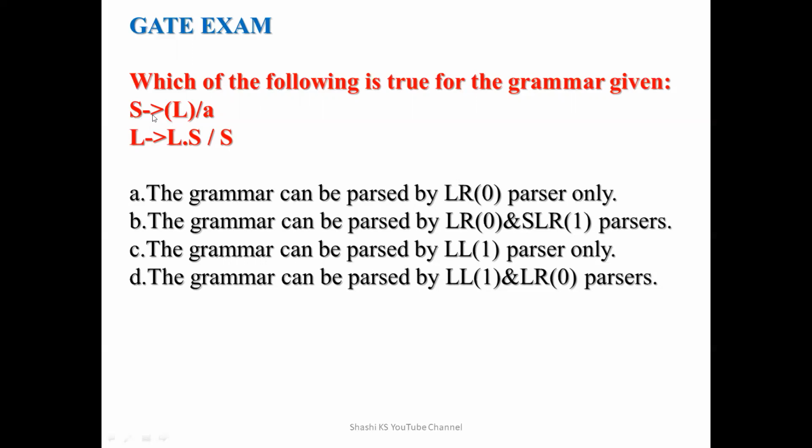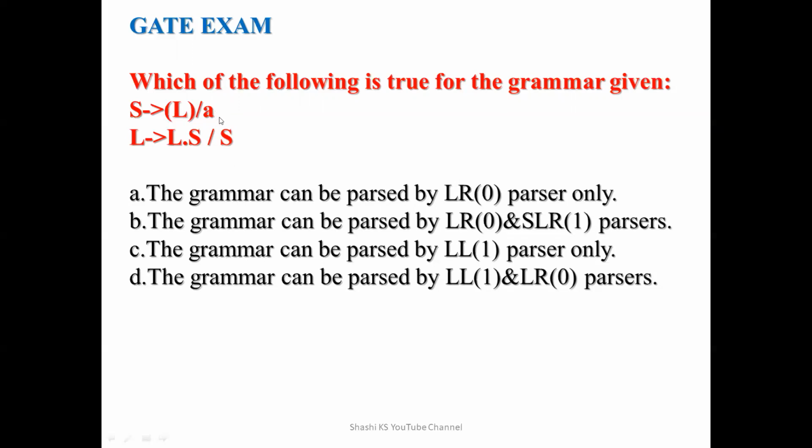So here, S derives L: in this production, the first of the RHS is open bracket. In S derives A, the first of the RHS is small a. In L derives L dot S, the first of the RHS is L, but there are no productions given for L. In the production L derives S, S is a non-terminal and it can derive the terminal a. So the first of L derives S is also a.